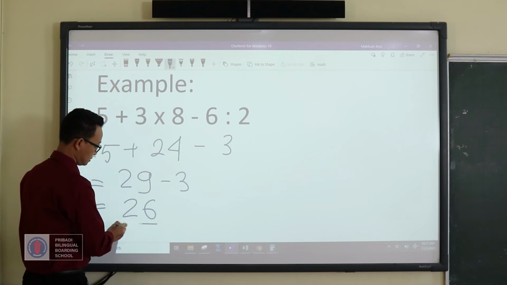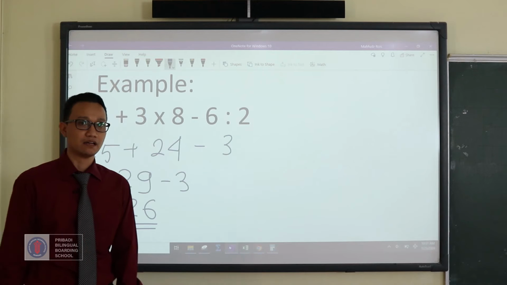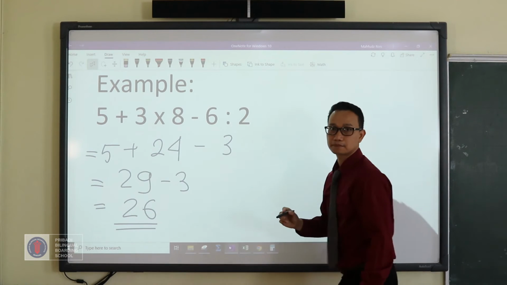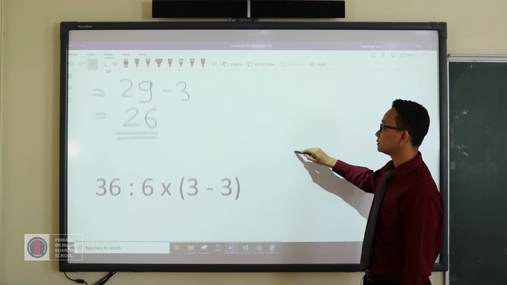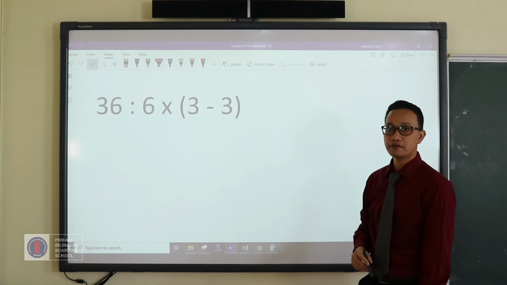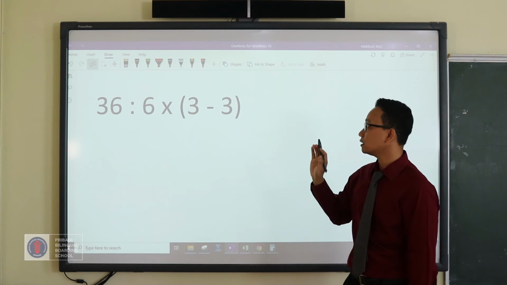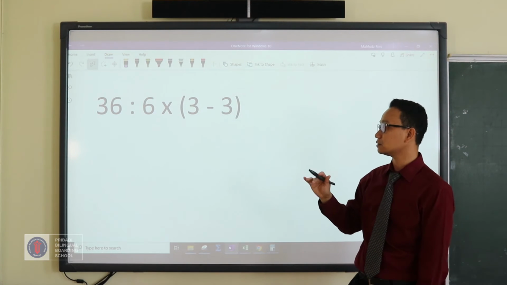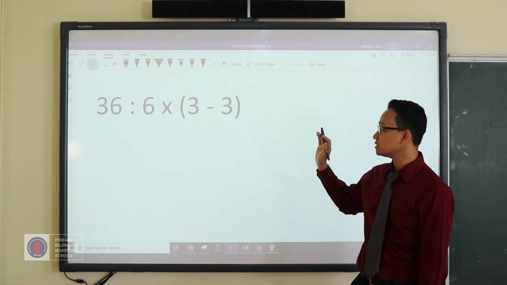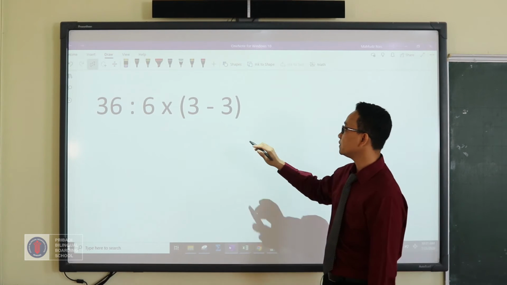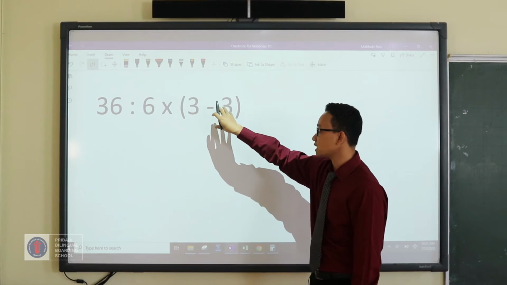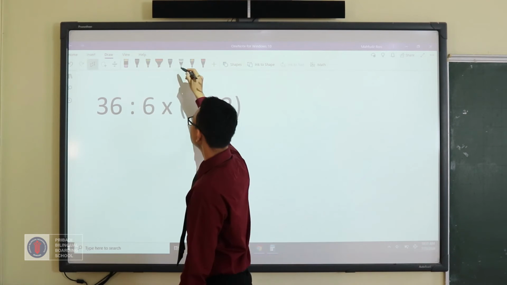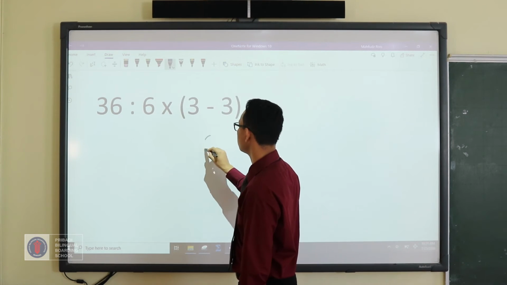All right, another example. We have brackets, multiplication, division, and also subtraction. Remember the BEDMAS rule. For the brackets, we need to consider the order first, so it should be the operation inside the brackets first. So 3 minus 3 is 0.